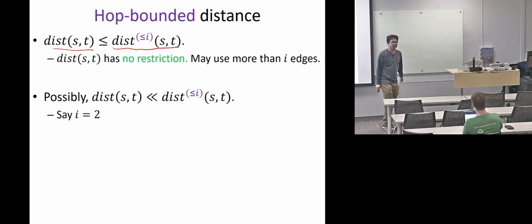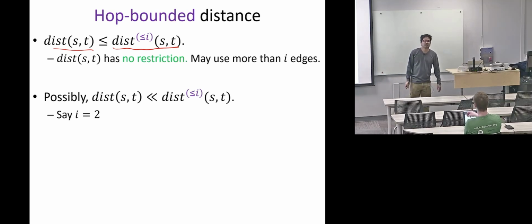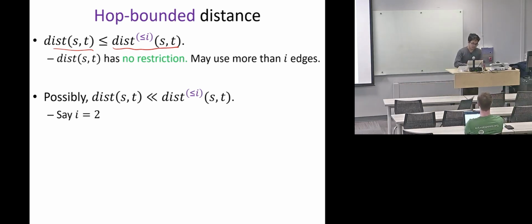If there are 2 edges with weight 1,000, and then 3 edges with weight 1, and you have to take the 2 edges of weight 1,000 instead of going around and taking the 3 edges. Good. Let's say this is S and T, and there are 2 edges with weight 1,000, and then a 3-edge path here with weight 1.